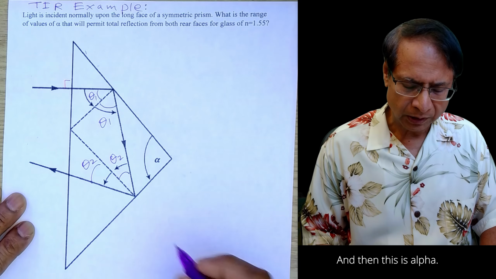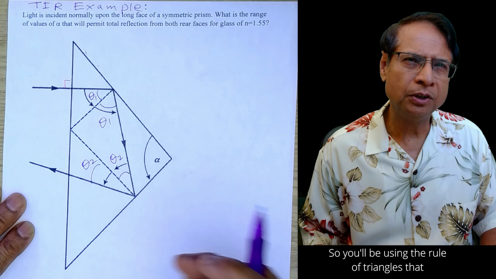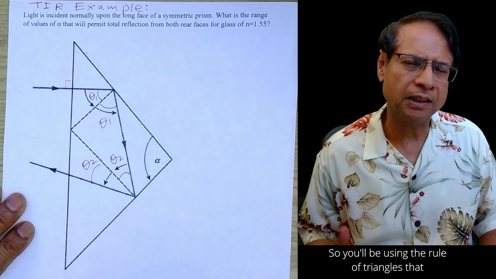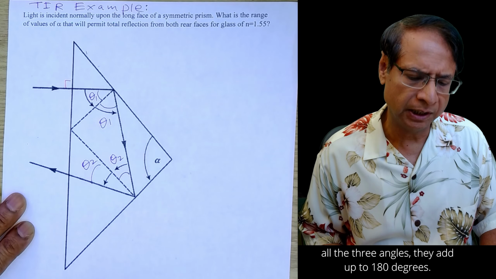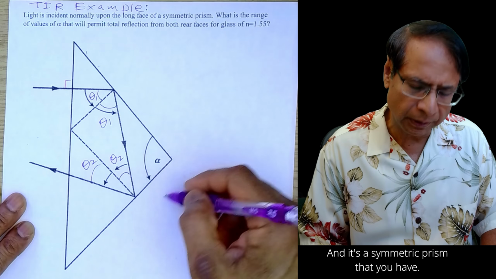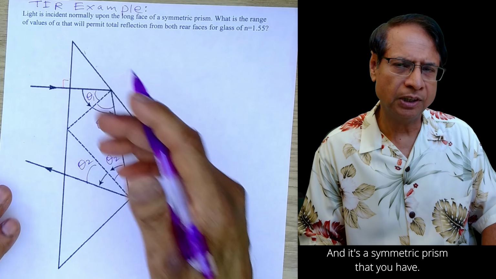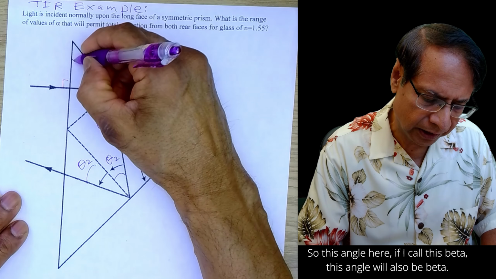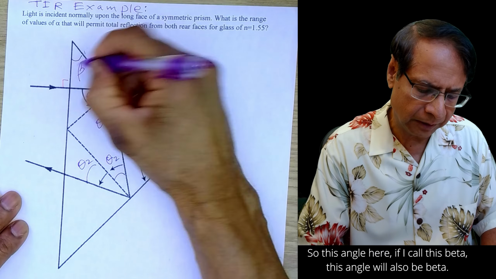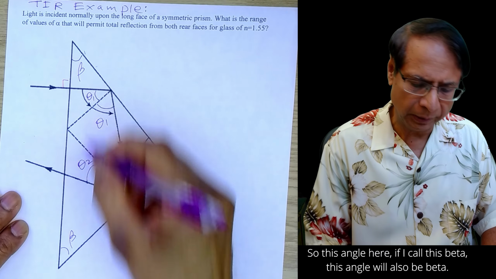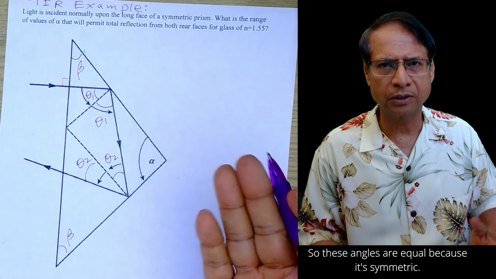And then this is alpha. You'll be using the rule of triangles, that all three angles add up to 180 degrees. It's a symmetric prism, so if I call this angle beta, this angle will also be beta. These angles are equal because it's symmetric.